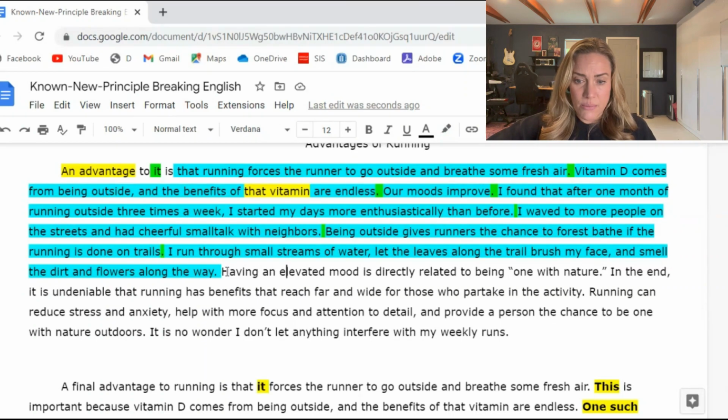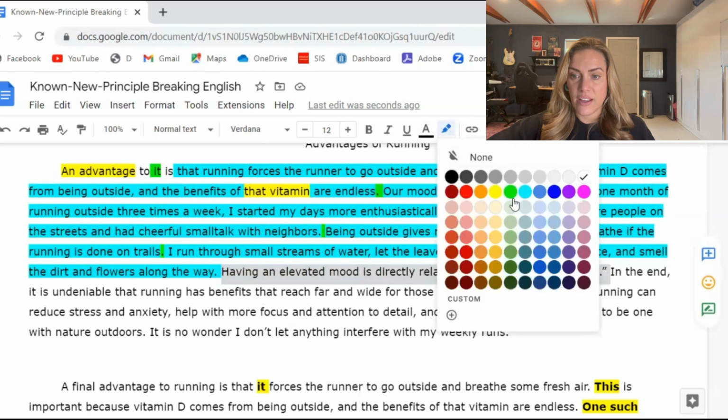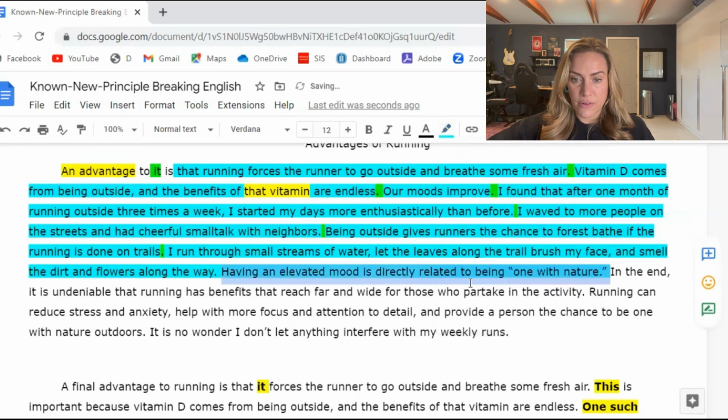New information, it's an example of something that was mentioned earlier, but I would introduce some sort of transition or element of cohesion here to connect the ideas. "Having an elevated mood is directly related to being one with nature." Okay, again, new information, having an elevated mood.